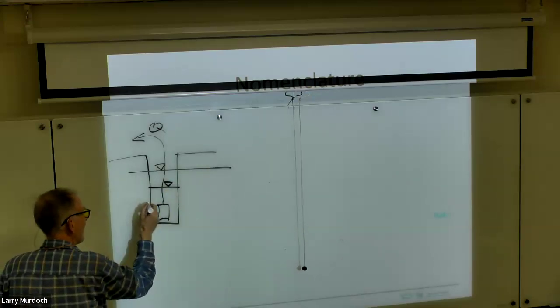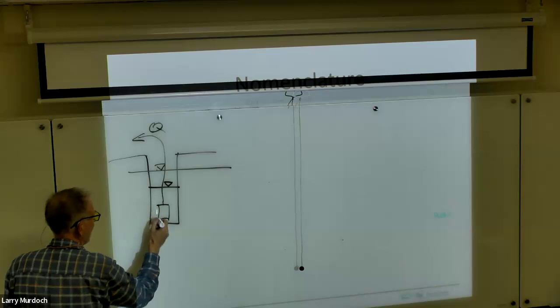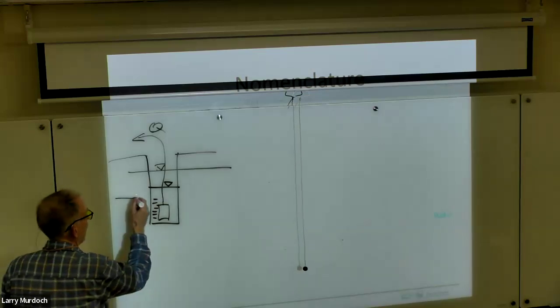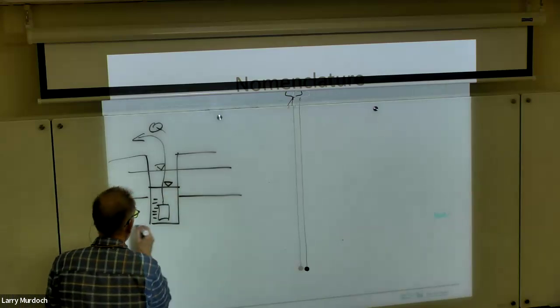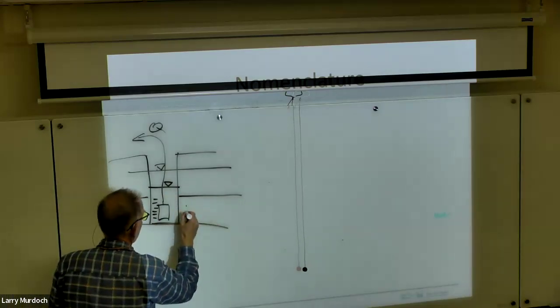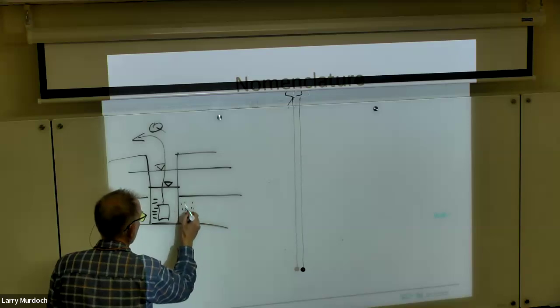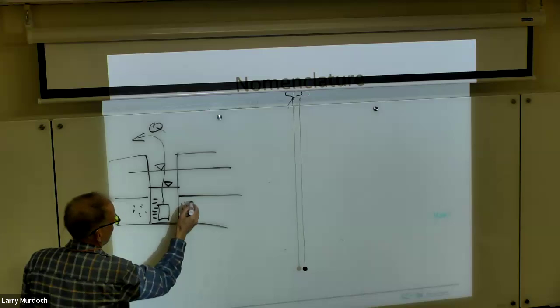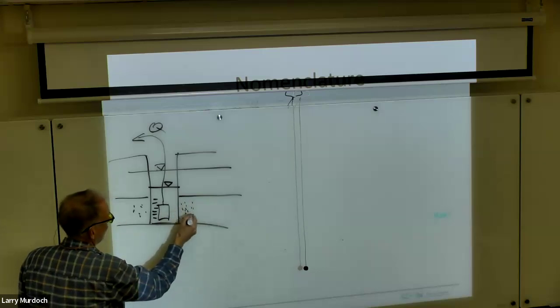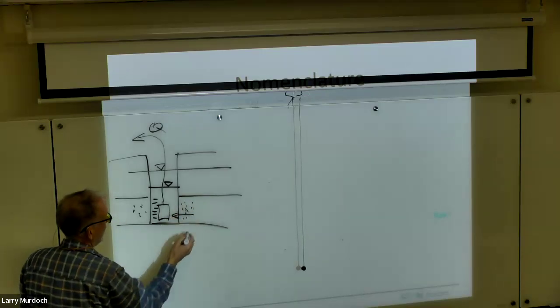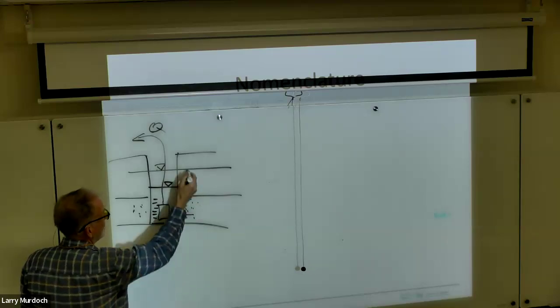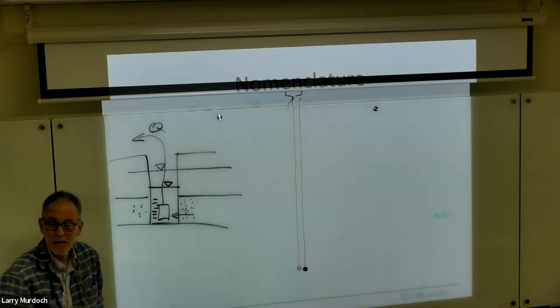But I think a better way to think about it at this point is to say, okay, the well is screened here, and this is a confined aquifer. So here's the aquifer. And the water is flowing from the aquifer into the well, and the hydraulic head in this layer is represented by this line.